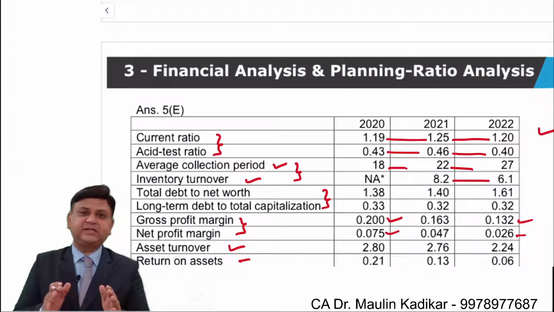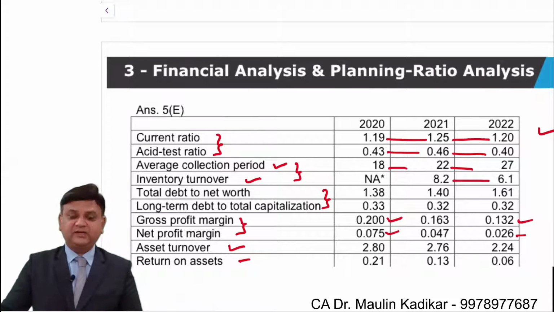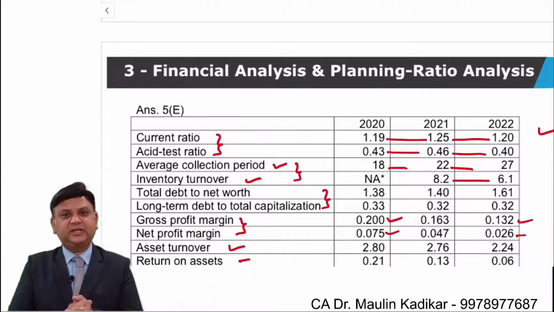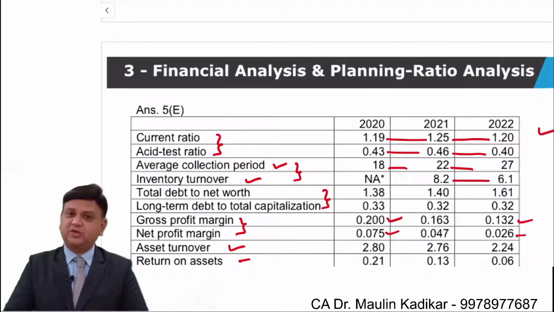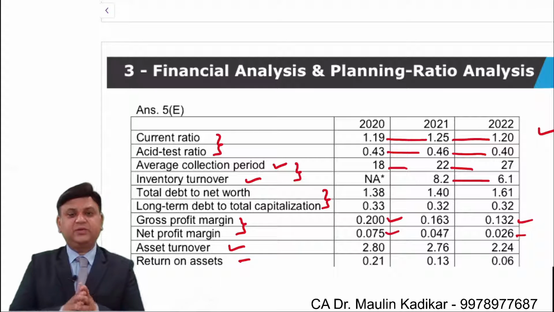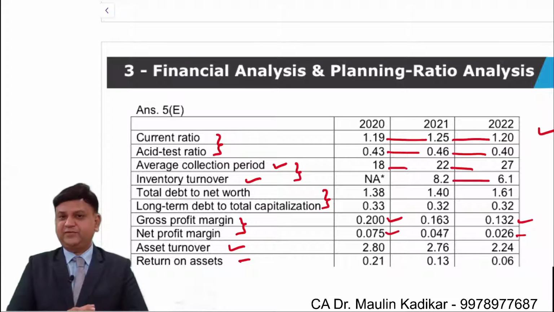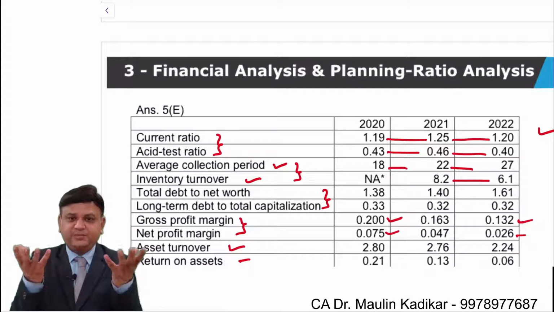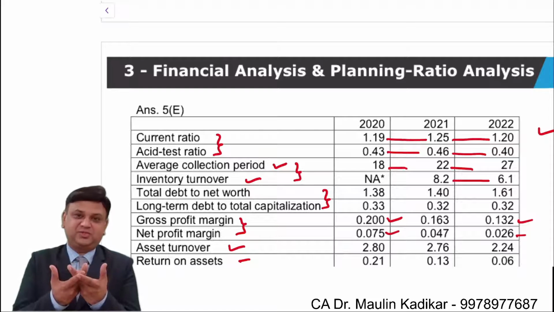As a student, whenever this kind of question comes, I can say that over the last 10 years this kind of question has not come, but still they have provided it in the module. If this kind of question does come, then from different perspectives you have to calculate ratios.